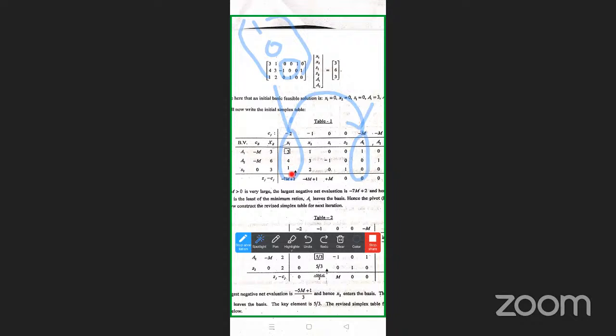So we can take the matrix. Up to here, this is the matrix. First row, R1 tends to R1 divided by 3. So this is 1, 1, 1 by 3, 0, 1 by 3, 0.